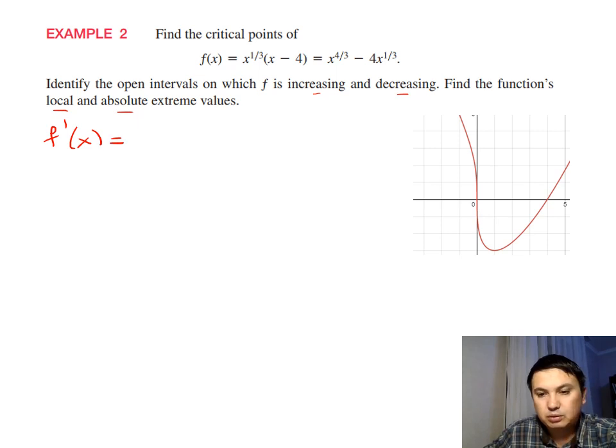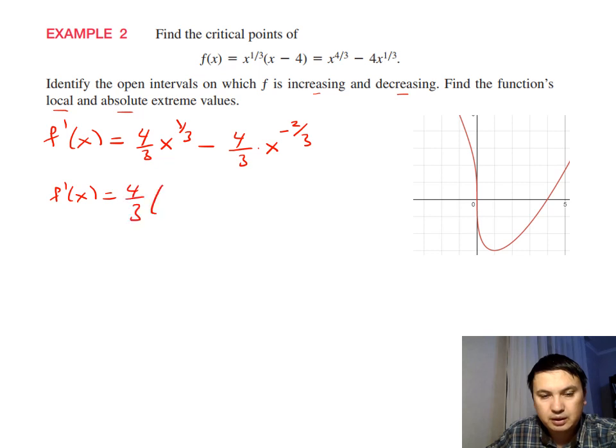What is the derivative of x to the 4 over 3? Well, this is 4 over 3 x to the, if you subtract 1, this becomes 1 over 3. And then if you take the derivative of x to the 1/3, this is going to be 4 over 3 x to the, you subtract 1, so it becomes minus 2 over 3, right? So I can take out 4 over 3.